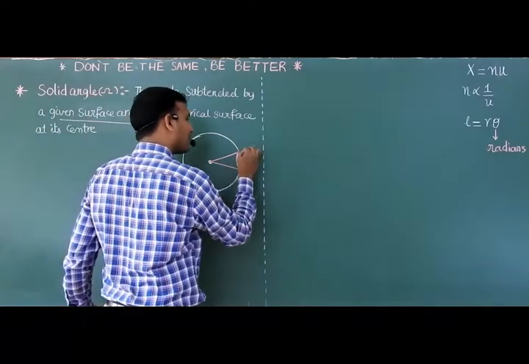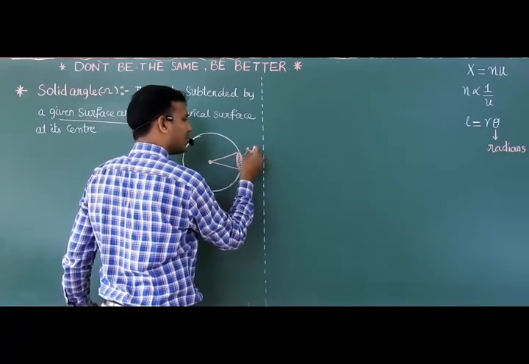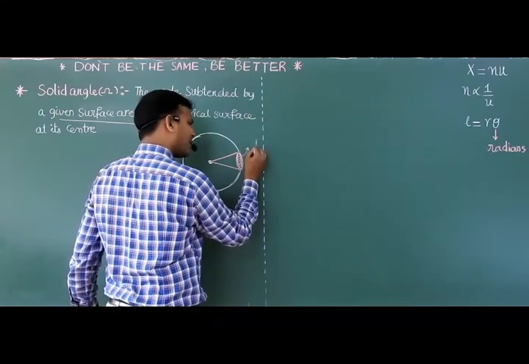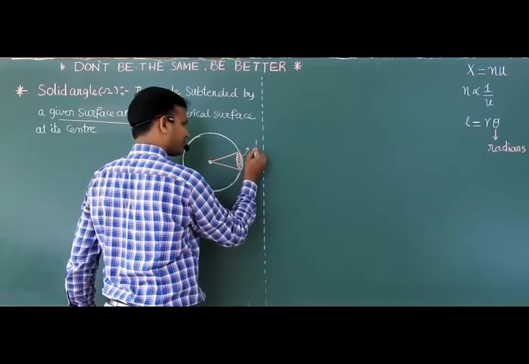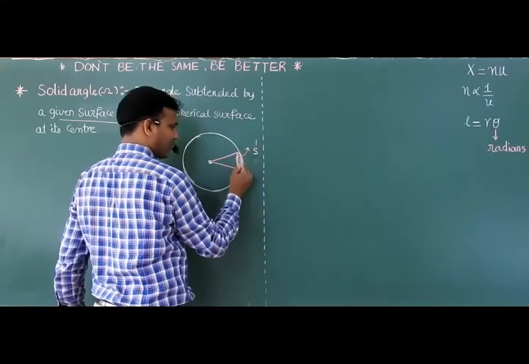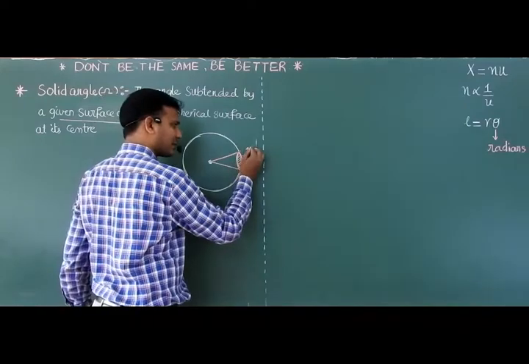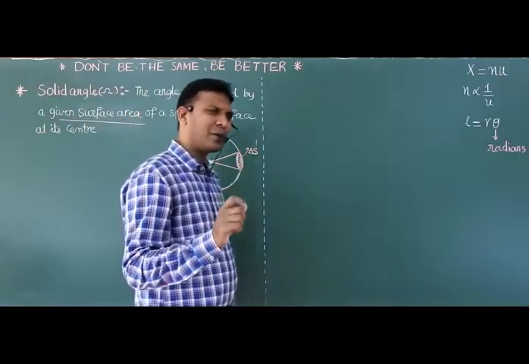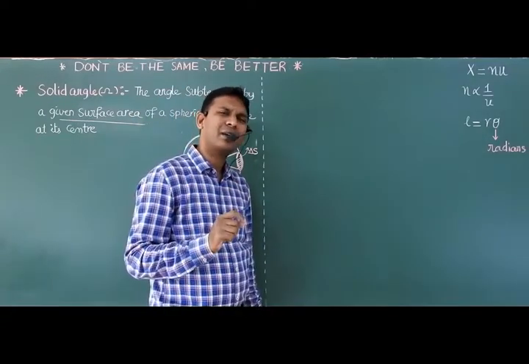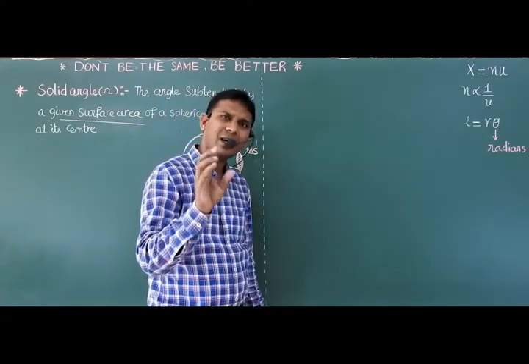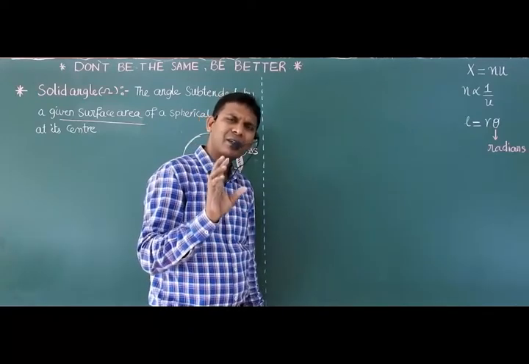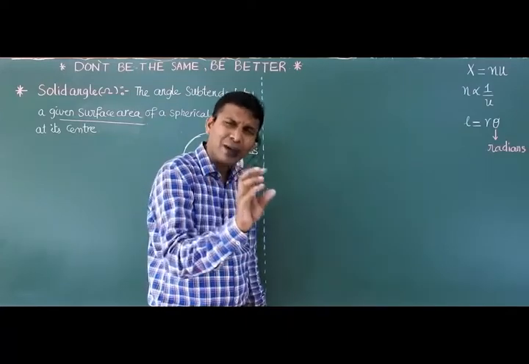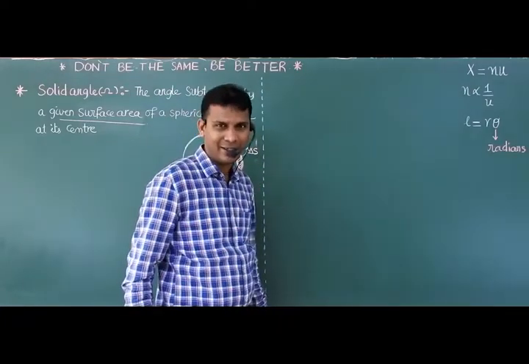Let us assume it is ds, or s, or delta s. Let us consider s for this. Or consider delta s. I will tell you why we are taking delta s or ds. Generally we use this symbol to represent a small value of the given physical quantity.